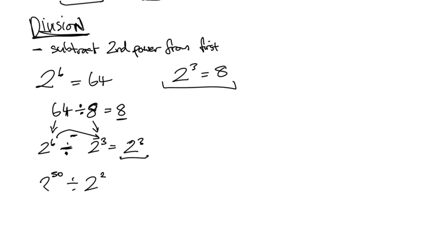So if you had something like 2 to the power of 50 divided by 2 to the power of 25, you don't need to work out what 2 to the power of 50 is, or what 2 to the power of 25 is. You just notice that these are the same base numbers and they're being divided, so the answer is going to be the same base number with the powers subtracted. So 50 take 25 is going to be 2 to the power of 25, whether you like it or not.